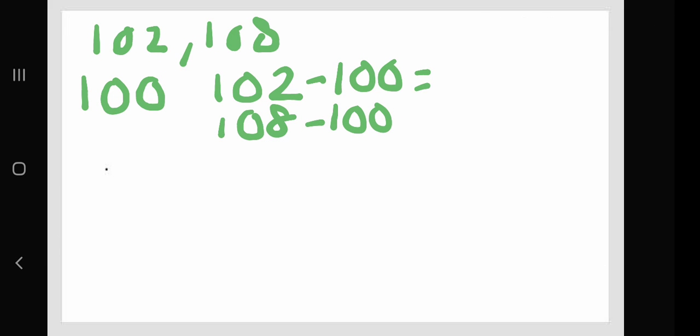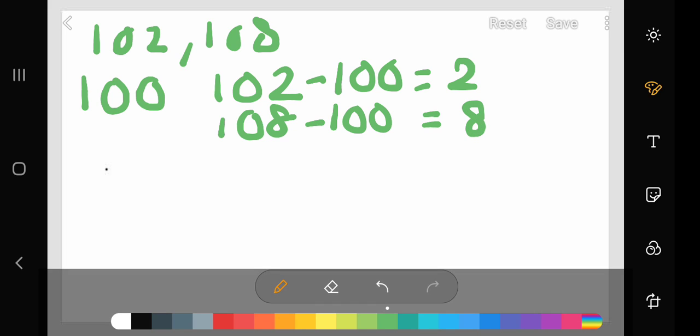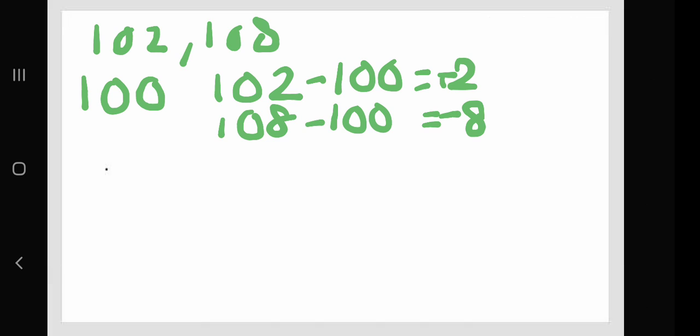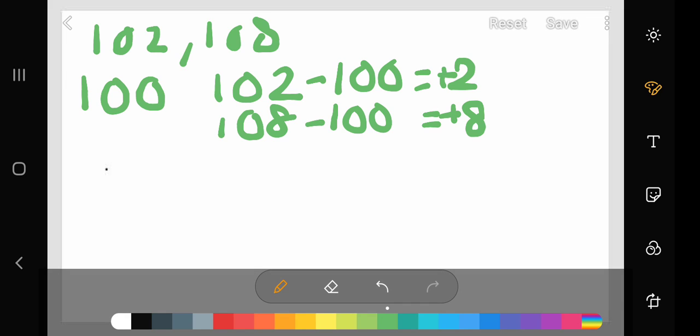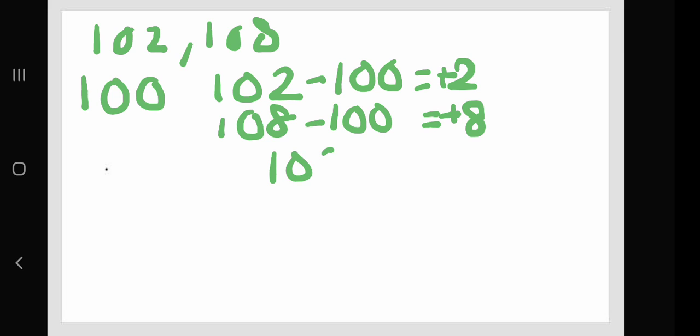Then we will get 2 here, and 8 here. Here we have to put a plus sign, which denotes that 102 is greater than 100. Now the next step is we will put a cross sign between 102, 108, plus 2 and plus 8.